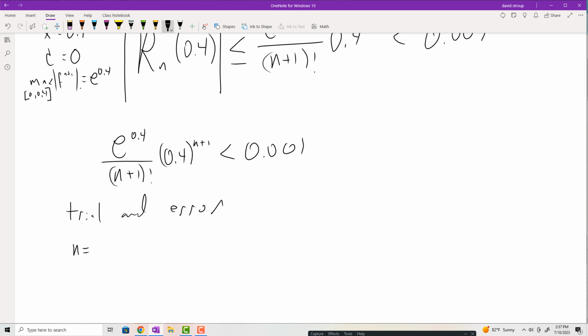I'll start at n equals 1, and go to my calculator. So e to the 0.4 divided by 2 times 0.4 to the second power.